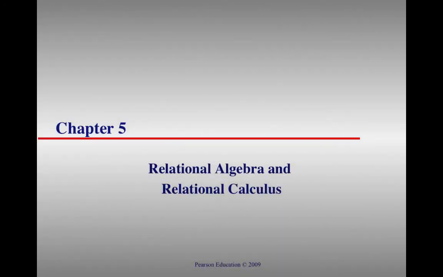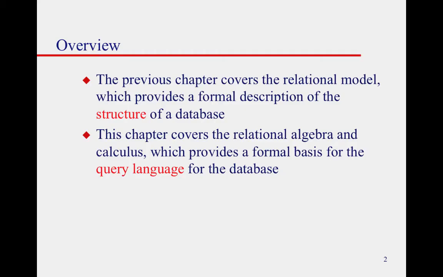We already covered Chapter 4, which covered the DDL. Chapter 5 covers the formal basis for the data manipulation language, or the query language. So Chapter 4 was the formal basis for the structure, or DDL. Chapter 5 is the formal basis for the query language, or the DML.